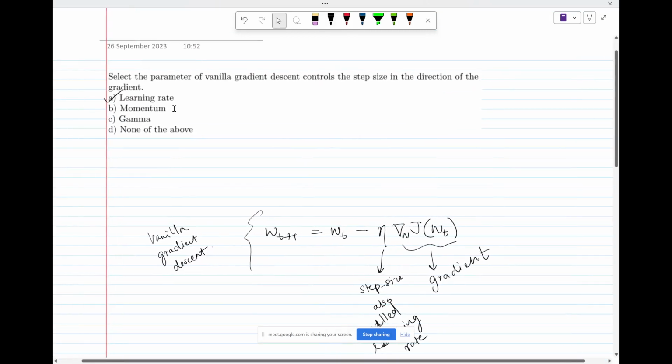And here you don't have momentum or gamma. You only have this eta, which is step size or learning rate.